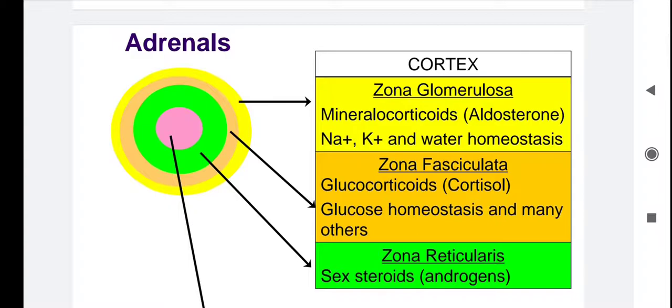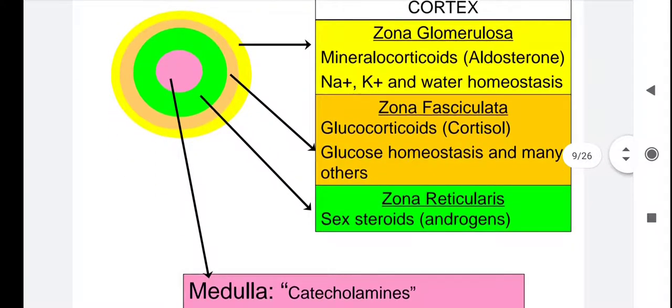This zone produces glucocorticoids, cortisol. Cortisol is responsible for the regulation of glucose homeostasis and many others. The inner layer is zona reticularis. This is responsible for the production of sex steroid hormones, androgens.